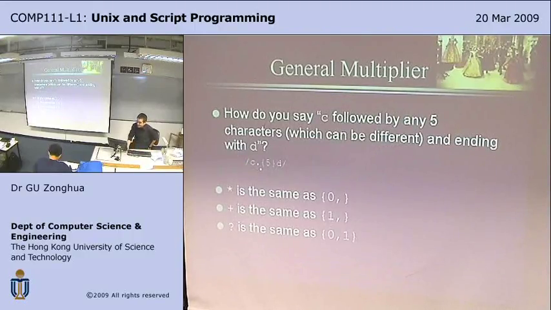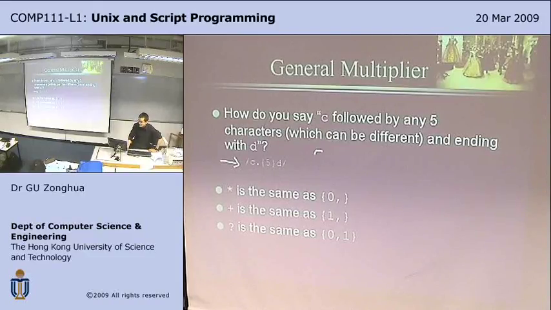So C followed by any 5 characters which can be different and ending with D. So this says that. Dot matches anything. The 5 means 5 dots. And they don't have to be the same.